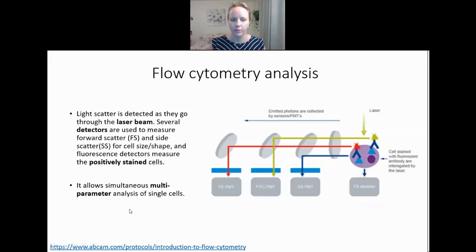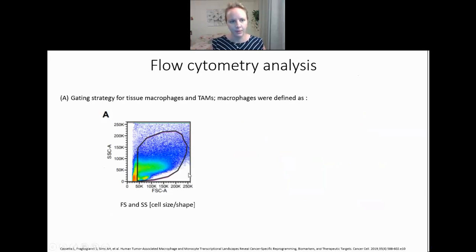Simultaneous multi-parameter analysis of each cell within your population. So when you run a flow cytometry analysis, here is a typical scatter plot that you would get out of a flow cytometry analysis of, I believe, a whole blood sample.